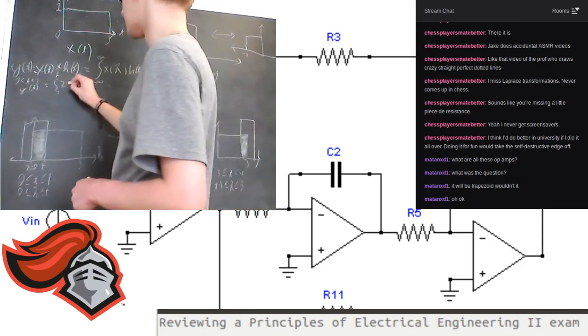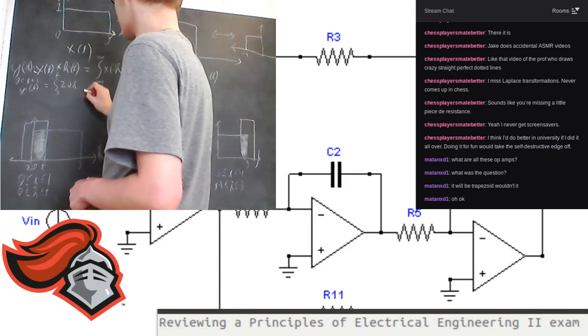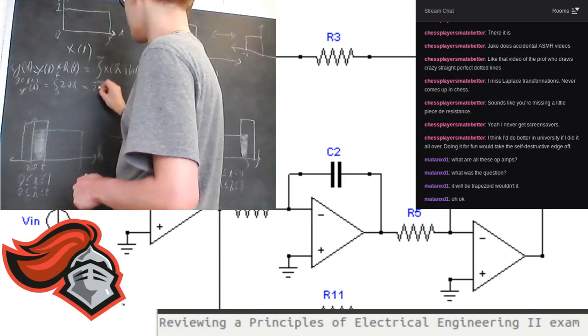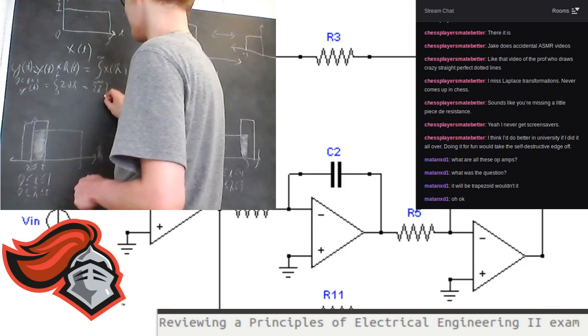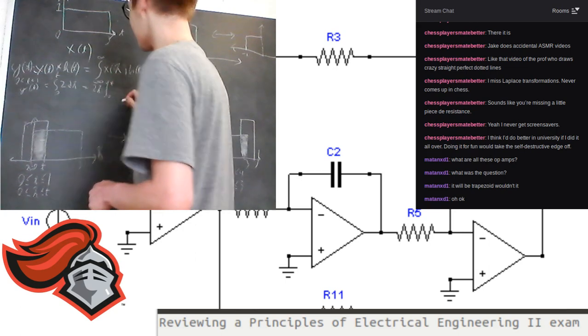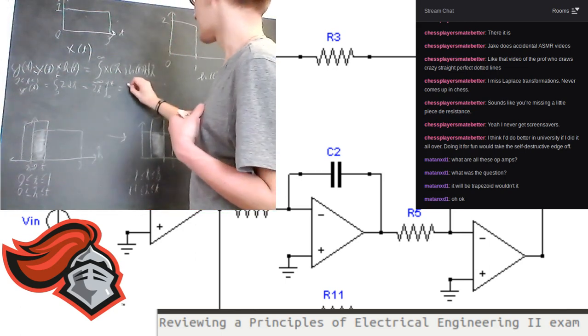So it's just 2 d lambda. And that results in 2 lambda evaluated from 0 to t, which is just 2t.